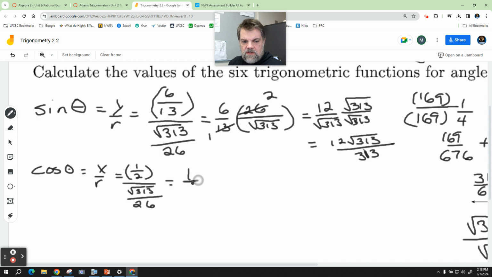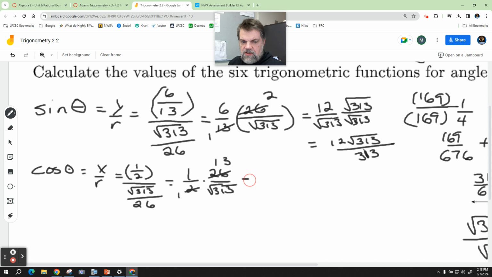That's the same as 1/2 times the reciprocal, which is 26 over the square root of 313. 2 divided by 2 is 1. 26 divided by 2 is 13.